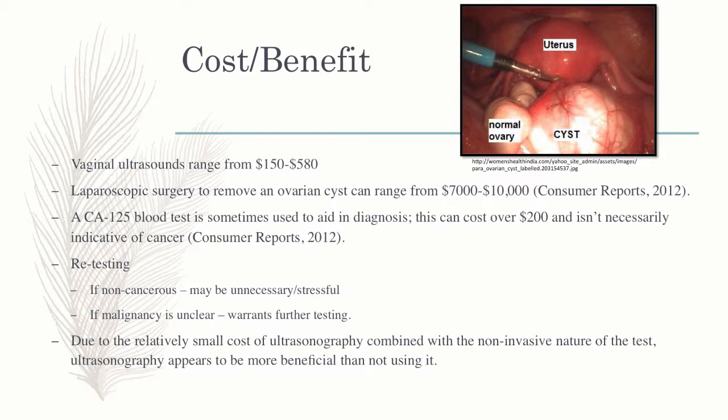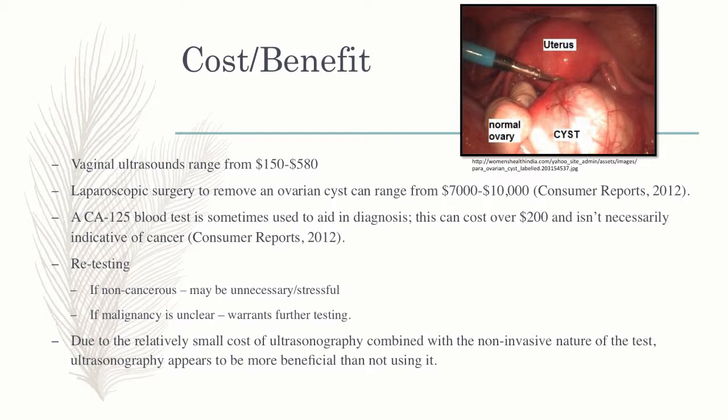There is a blood test available that is sometimes used to aid in diagnosis, but it actually costs over $200 and it really isn't necessarily indicative of cancer. So it does not seem like most people recommend that now. As far as retesting goes, if the lesion is found to be non-cancerous, it may be unnecessary and stressful even for the woman to be retested.